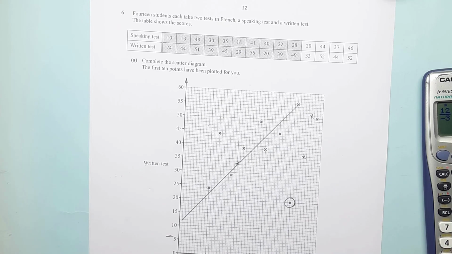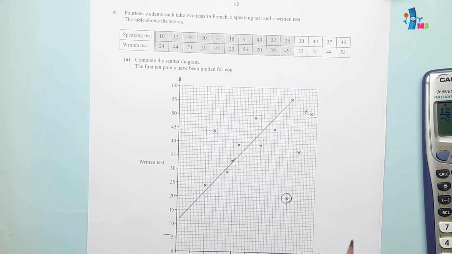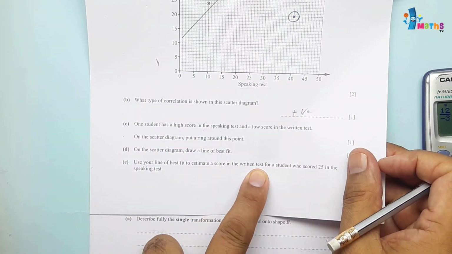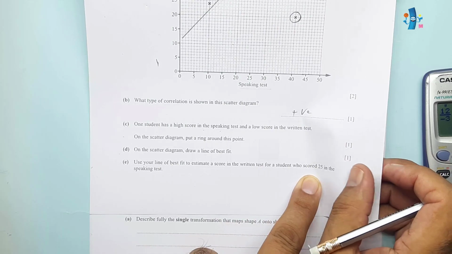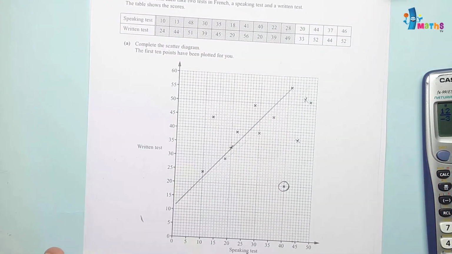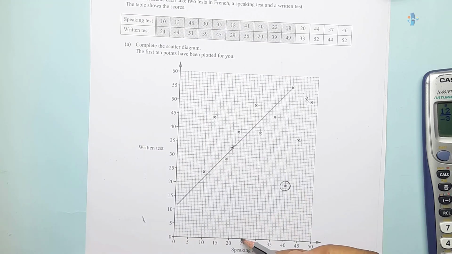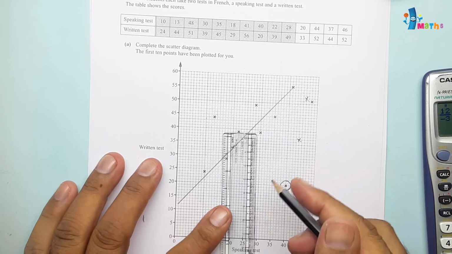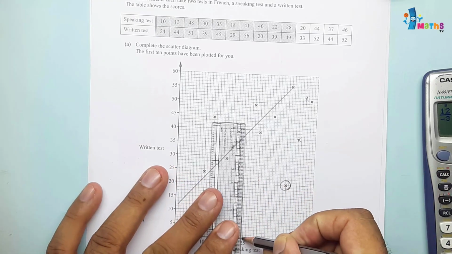Next they are saying, use your line of best fit to estimate the score in the written test for a student who scored 25 in the speaking test. So speaking test is 25. For this one we'll have to score, this is 25.